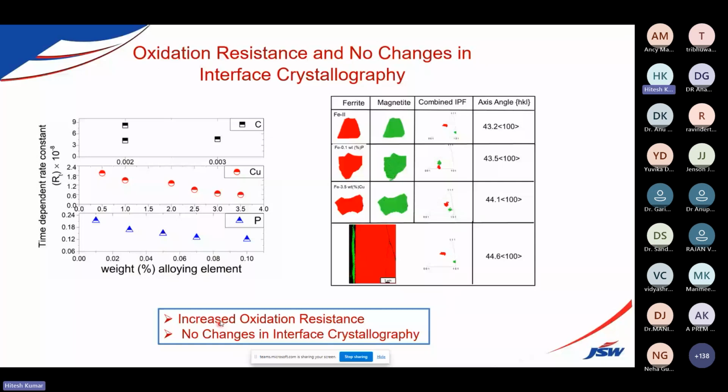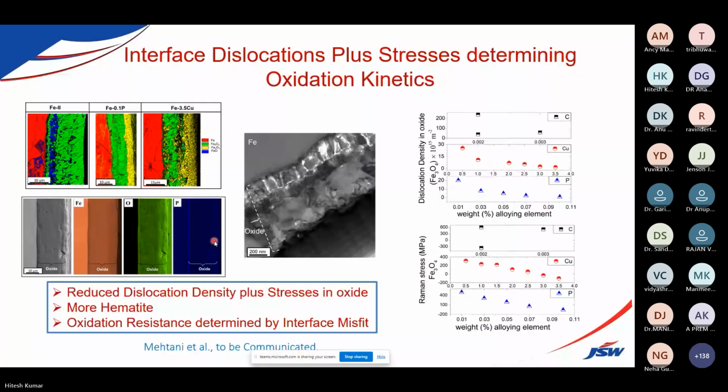To confirm why this is happening, we did some TEM analysis, as well as some EBSD analysis and some chi scans. A chi scan basically means you are doing EBSD and at the same time capturing the EDS data from the same sample.